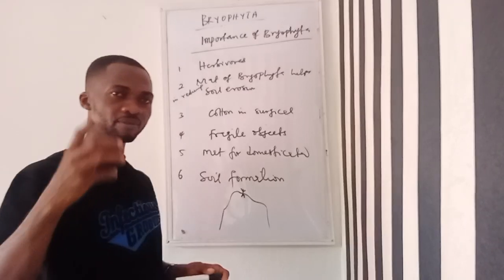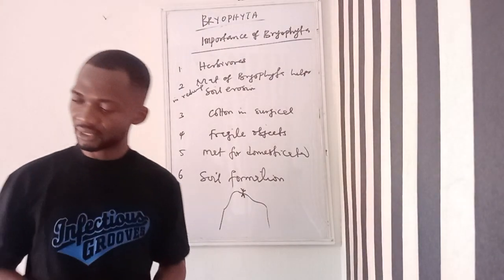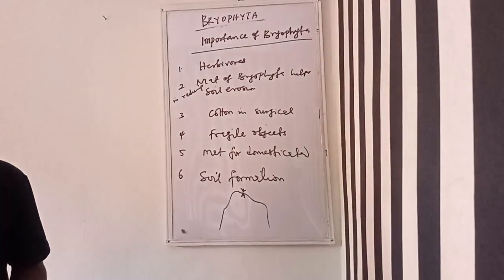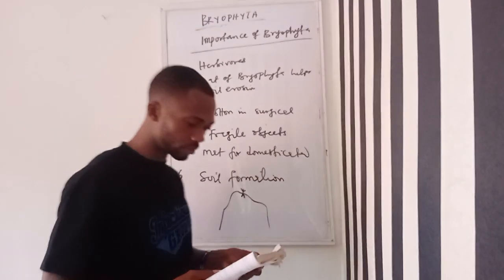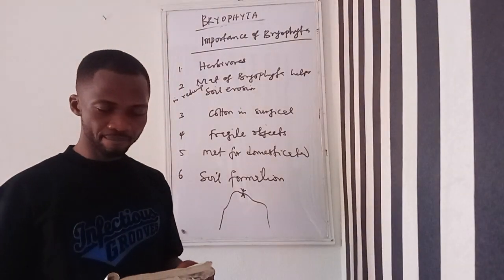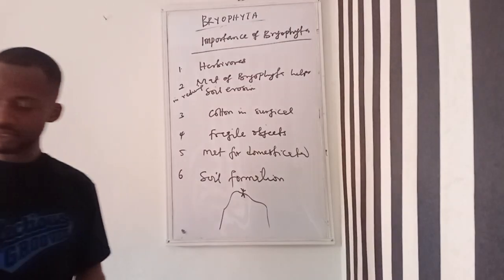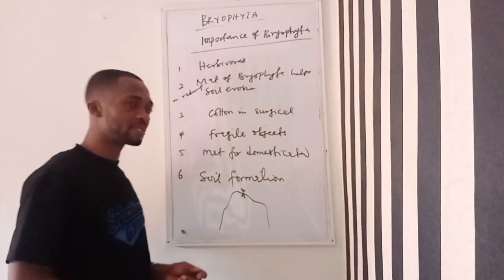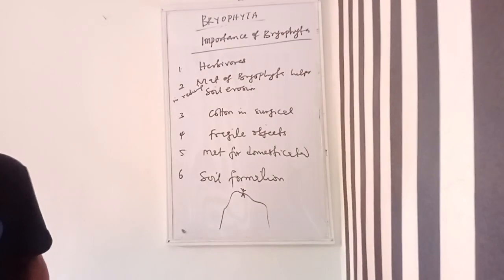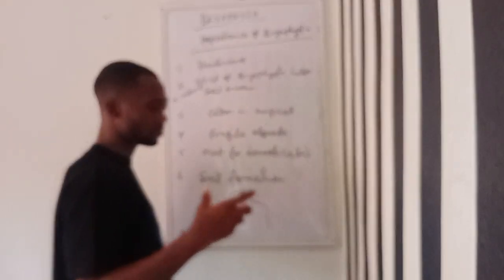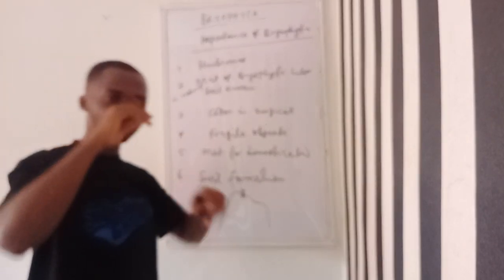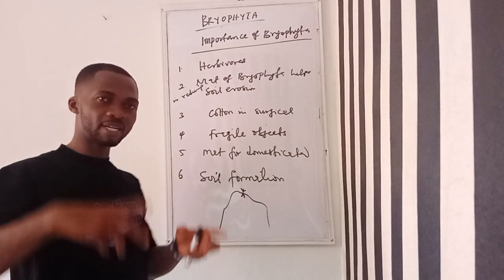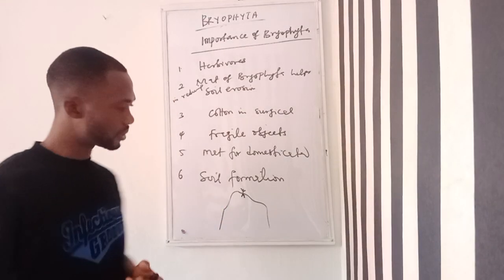With this, they help in increasing the water holding capacity of the soil, because of that leaf-like structure in bryophyta that can retain a large amount of water.